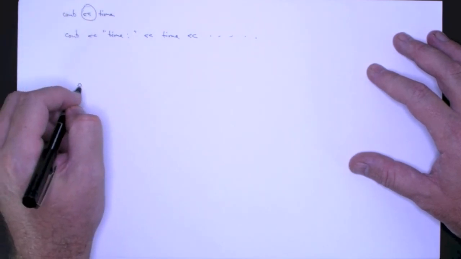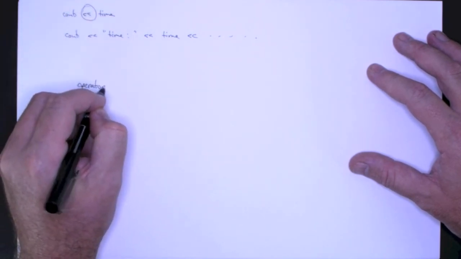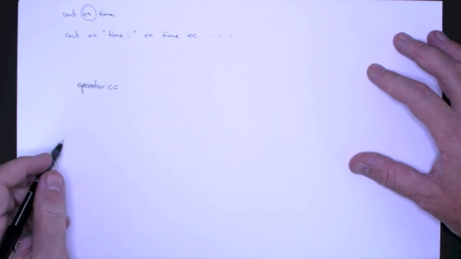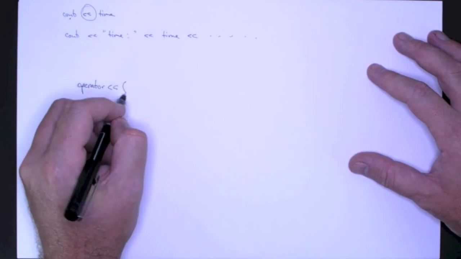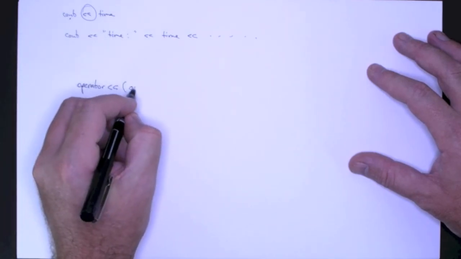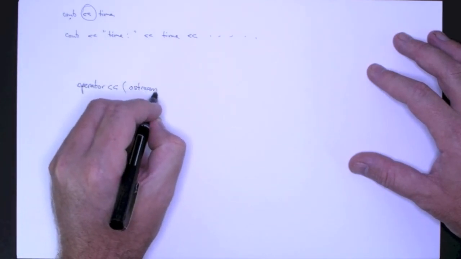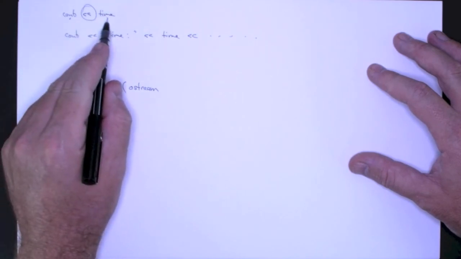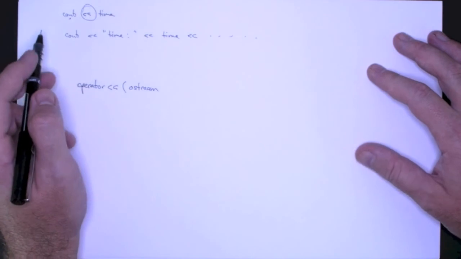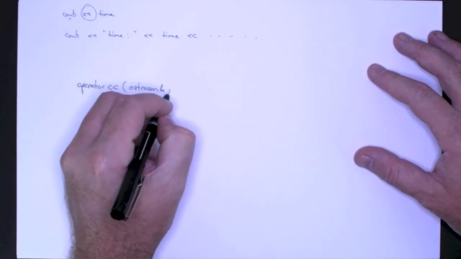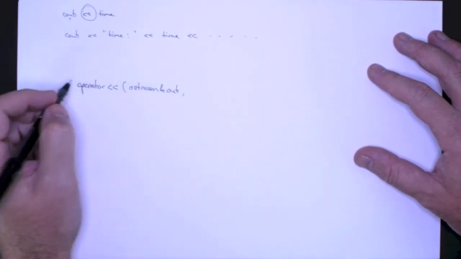So I want to implement a function called operator with the little insertion operator. The first argument is going to be cout, which is an output stream. I'm going to be changing it because I'm going to be inserting a time object into the output stream. So I need to pass that by reference.